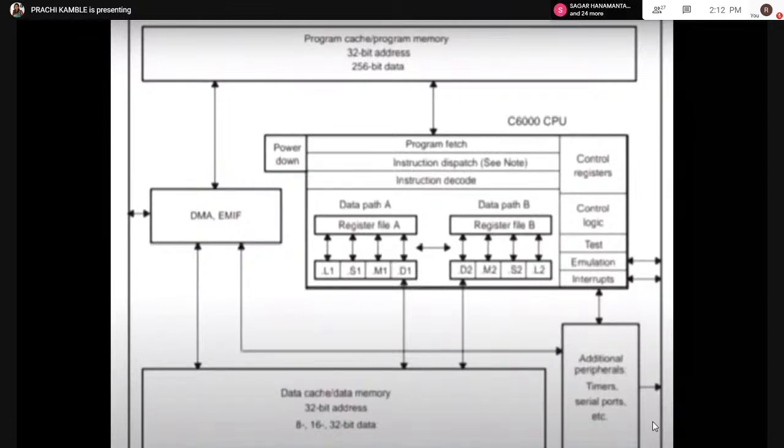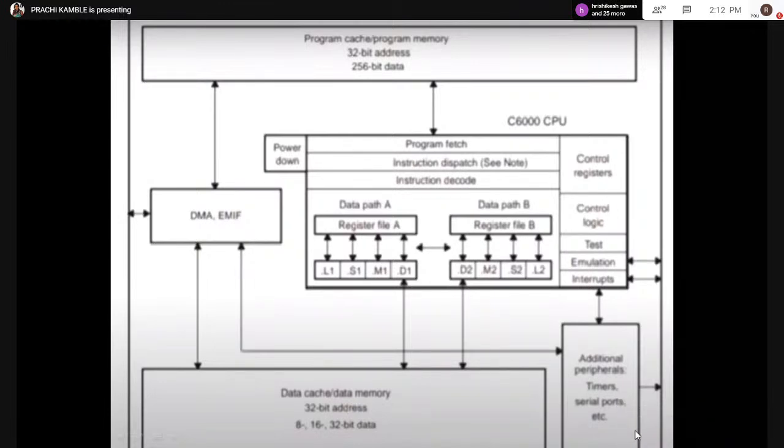The first block is the data memory and program memory. The second block is the whole CPU block. The third block is the DMA and EMIF unit, and then the fourth block is the additional peripherals, which include timers, serial ports, and so on.